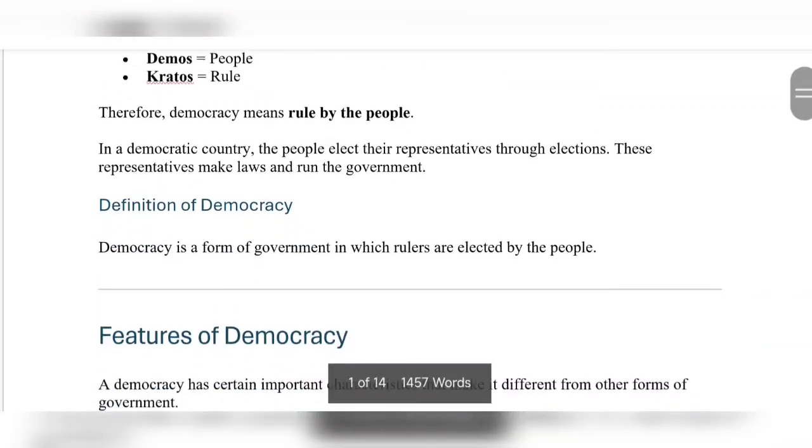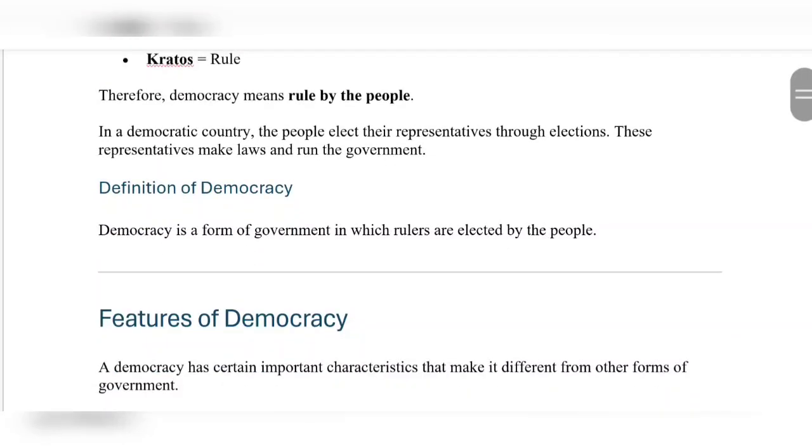So we will understand it this way, that democracy is a form of government in which rulers are elected by the people. When we say of the people, it means the people who are going to contest election, who are going to be the government, will be amongst the citizens of that country.